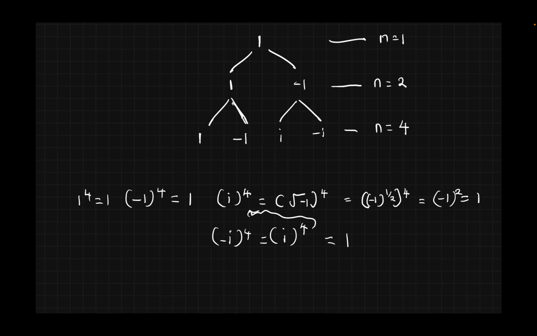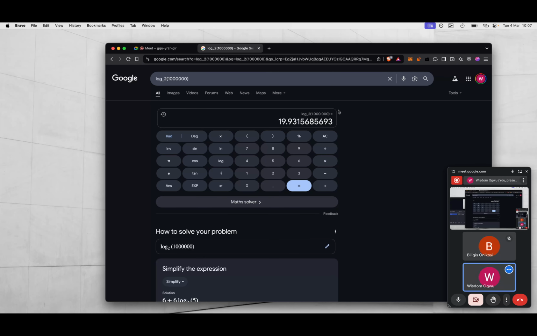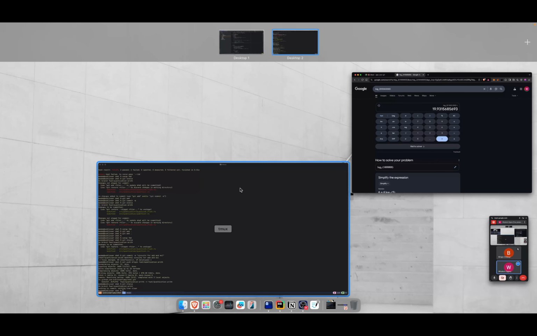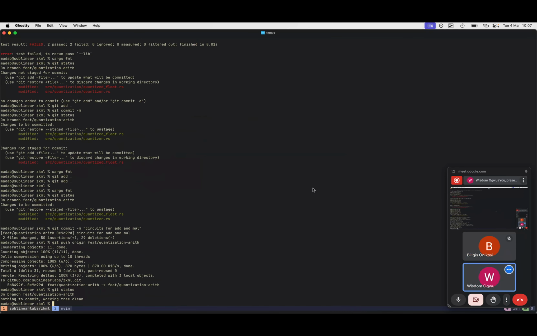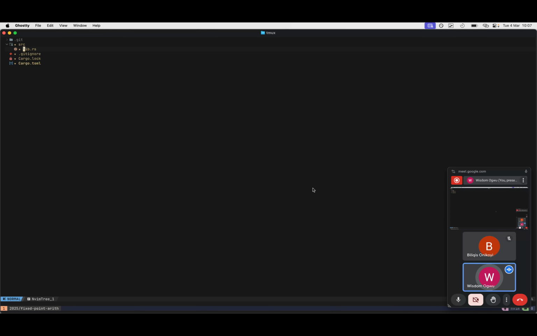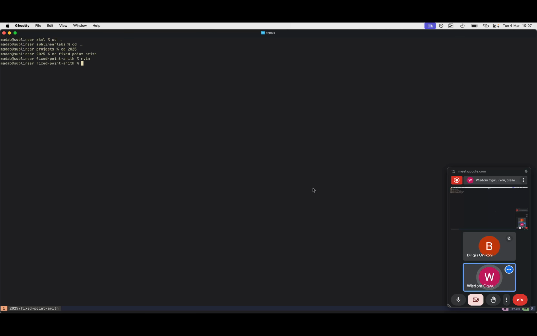Okay? And then it depends on the field. You can get this for different values of n. So Arkworks has, basically, the value of n is 2 raised to power something. When n is 1, it's just 2 raised to power 0.